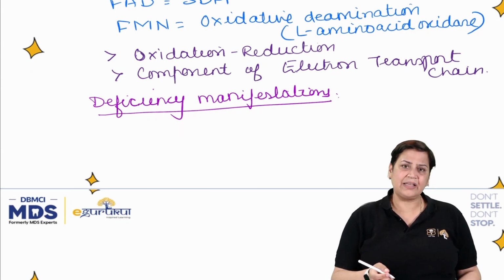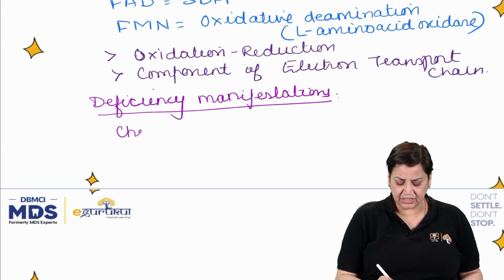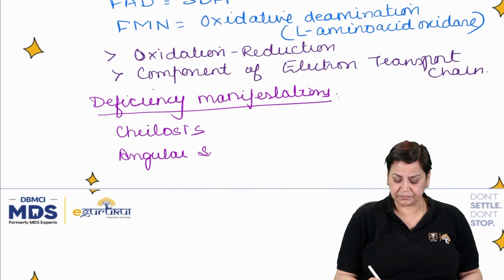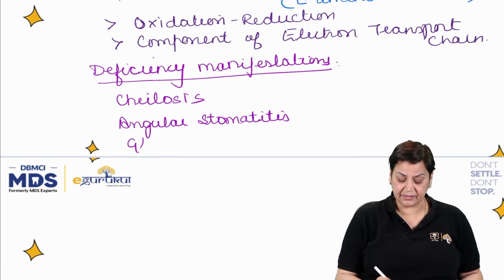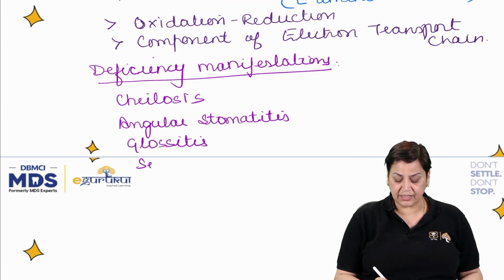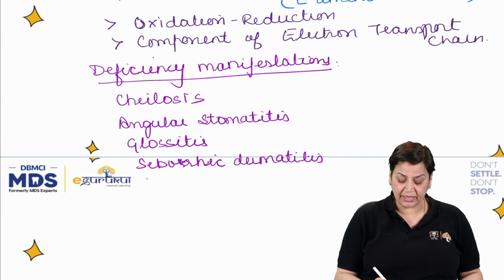The deficiency manifestations are cheilosis, angular stomatitis, glossitis, seborrheic dermatitis, and corneal vascularization.